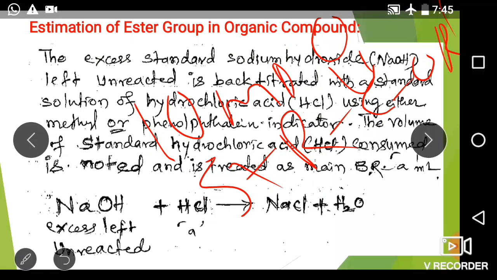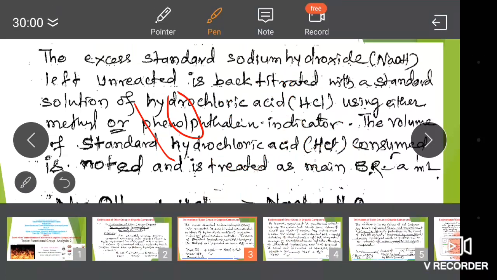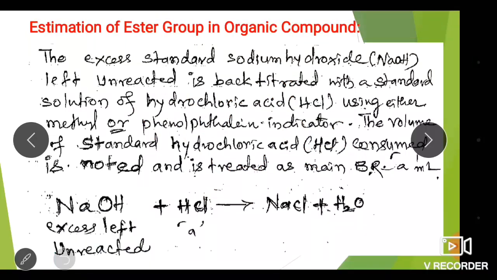Then the 5 ml left unreacted is titrated with HCl.